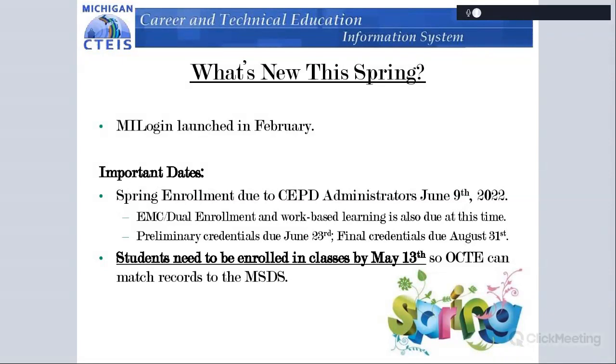So you want to make sure that you have your important dates taken care of, and I'll navigate to that in just a moment. You want to keep a note that your students need to be enrolled in classes by May 13th, so OCTE can match their records to the MSDS. So please keep that in mind as well. So that's important dates that we want to keep in mind that are fast approaching.